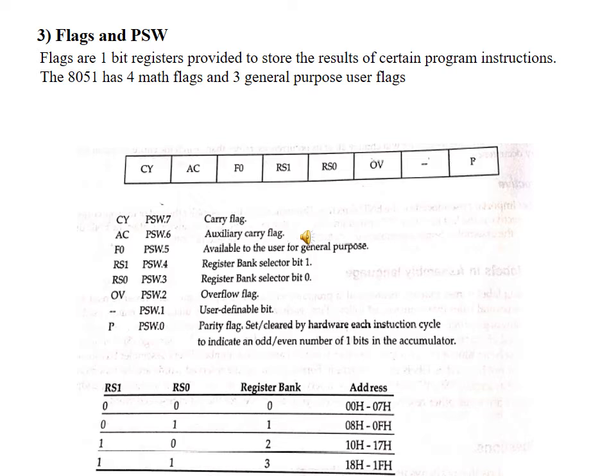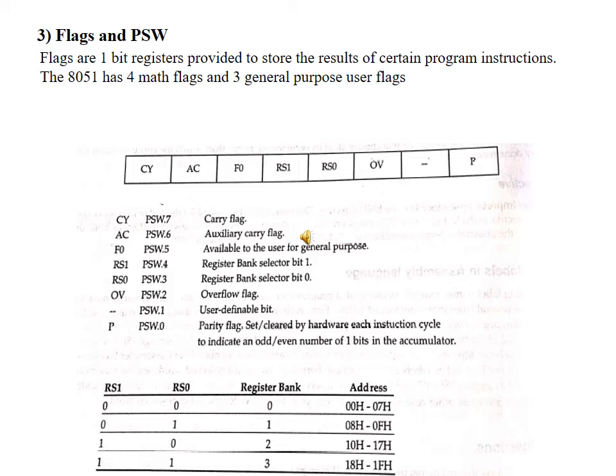So these two bits are used to identify which of the four general purpose register banks is currently in use by the programmer. The remaining two flags are GF0 and GF1. So these are stored in the power control register. First we'll see the math flags.